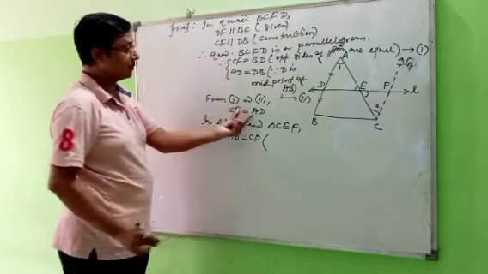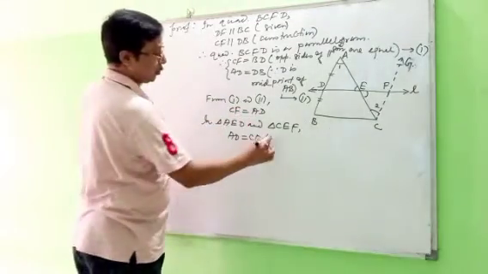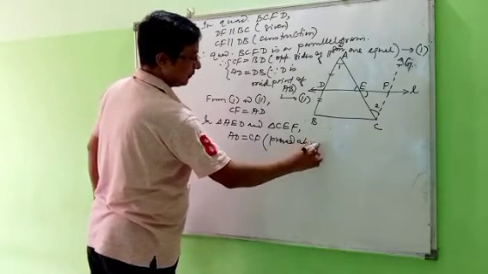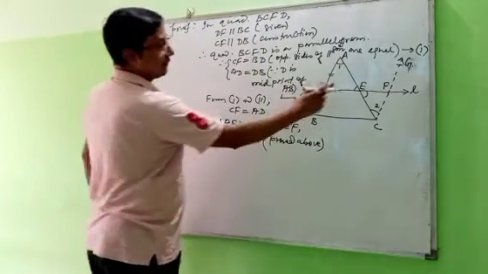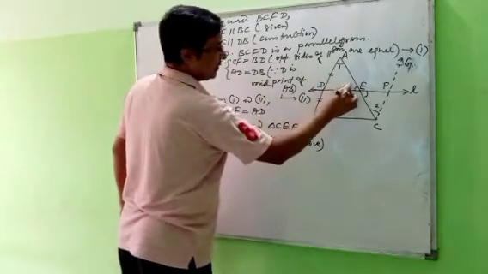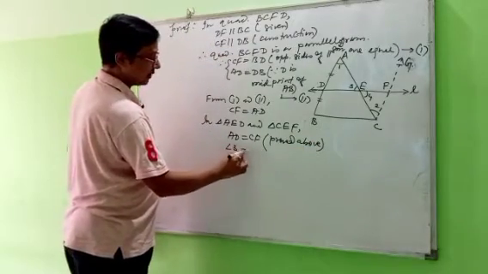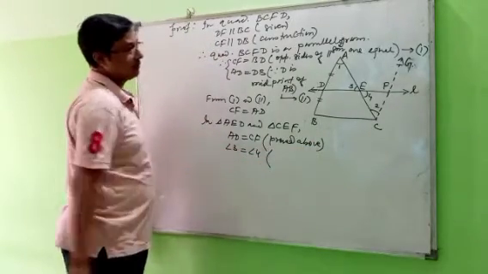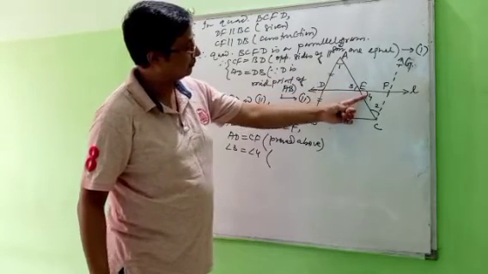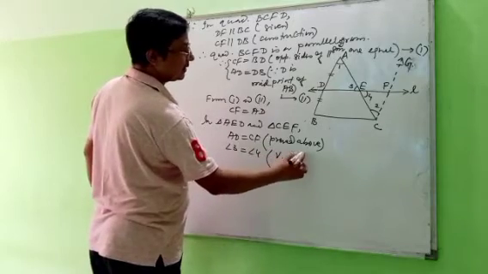This one is proved above. Then you got these two angles equal, that is, you can give as 3 and 4. Angle 3 is equal to angle 4 because they form a pair of vertically opposite angles.